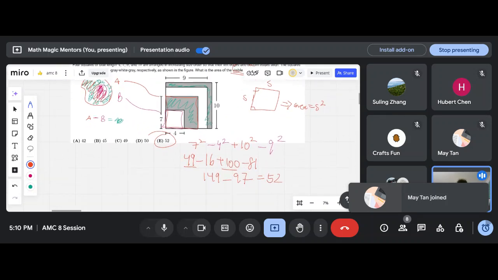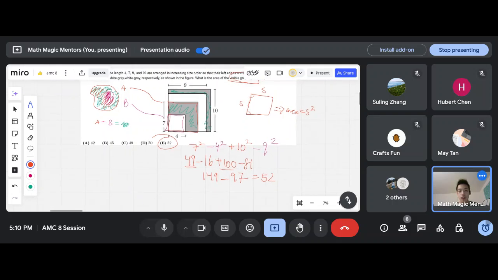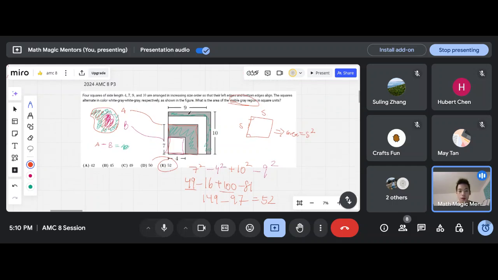Obviously, as I said before, there are many ways to approach this, but this is probably the simplest way, just because you are given the side length of the squares, and the gray areas are really easy to represent in terms of the areas of the squares. So namely, there's just a difference between the area of a big square and the area of a small square.